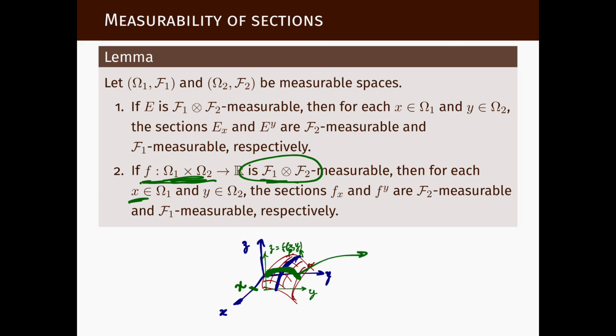This becomes f_x, x has been fixed, and it's a function from omega 2 to whatever space f was originally taking values. This function will be measurable for every x. So this is what the second part of this lemma is stating.